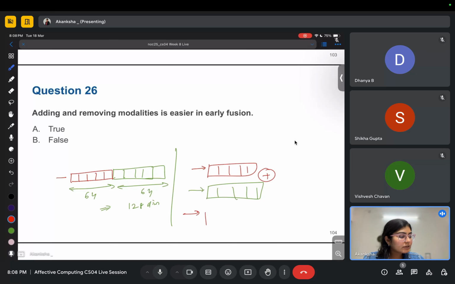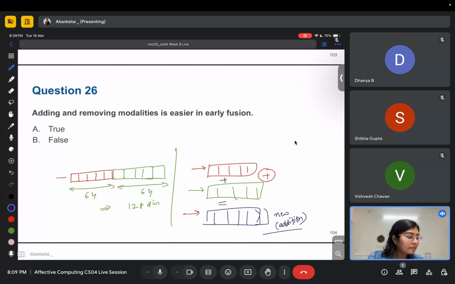and it will give us only a new vector, which is the summation of these two modalities. So it will be a new added vector. Now the model in this pipeline is already trained. What is the input to this model?